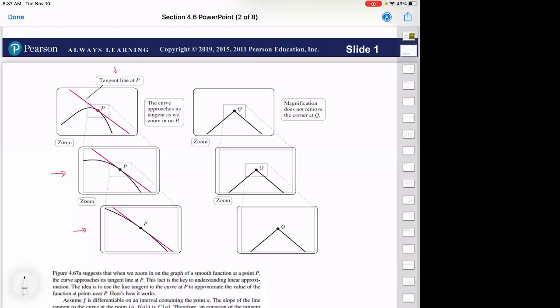As you successively enlarge the curve near P, what do you think the curve, not the tangent line, looks like near the point P?